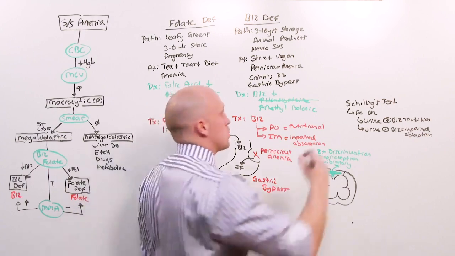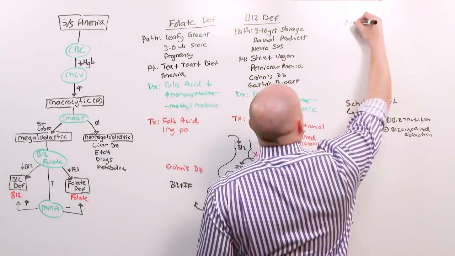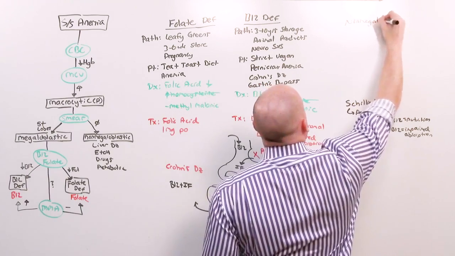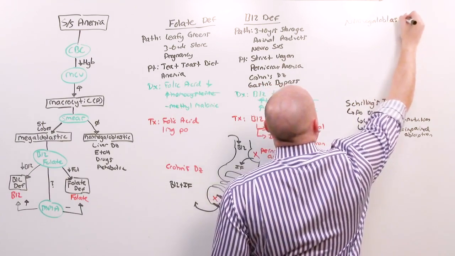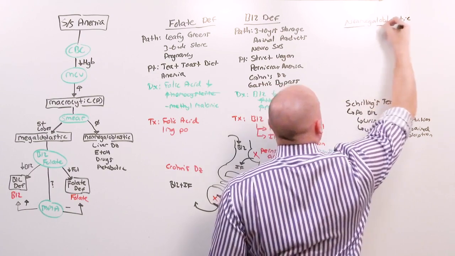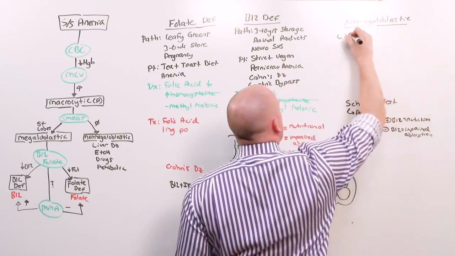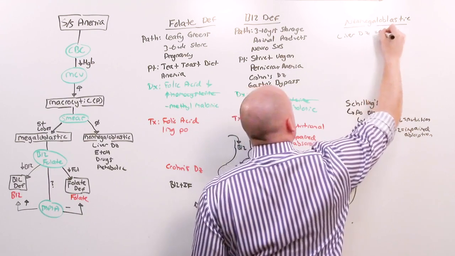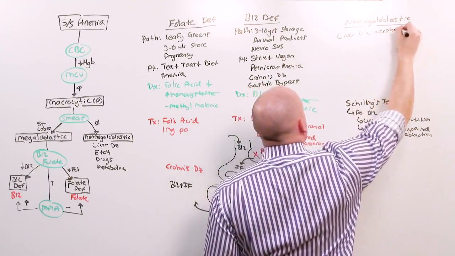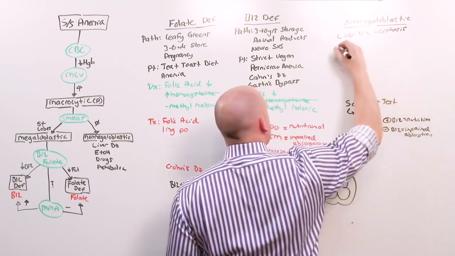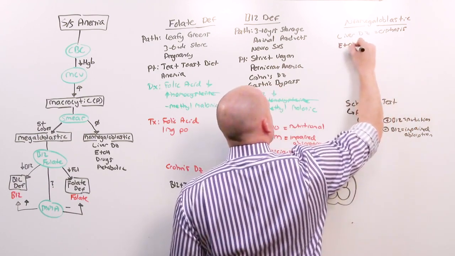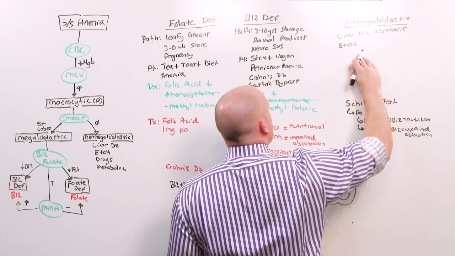And lastly, we're going to close with a laundry list of the non-megaloblastic causes. This is included for completeness. I would not memorize this. Liver disease means cirrhosis, so cirrhotics may just have a big MCV. Alcohol can do it even in the absence of cirrhosis.